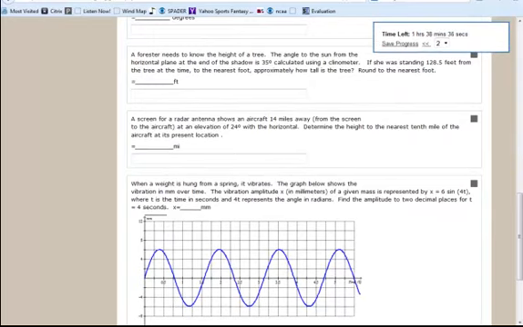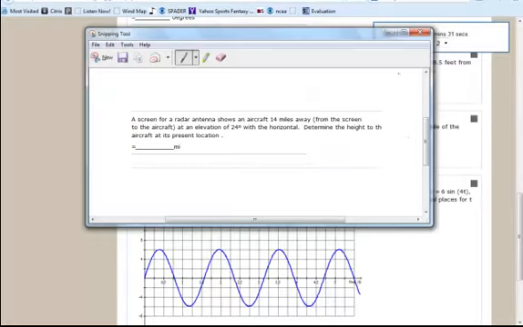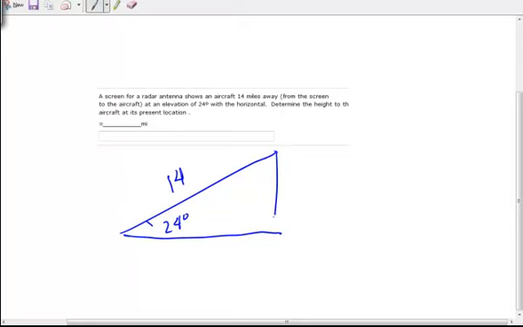The screen for radar shows an aircraft is 14 miles from the screen to the aircraft at an elevation of 24 degrees. How high is the airplane in miles?